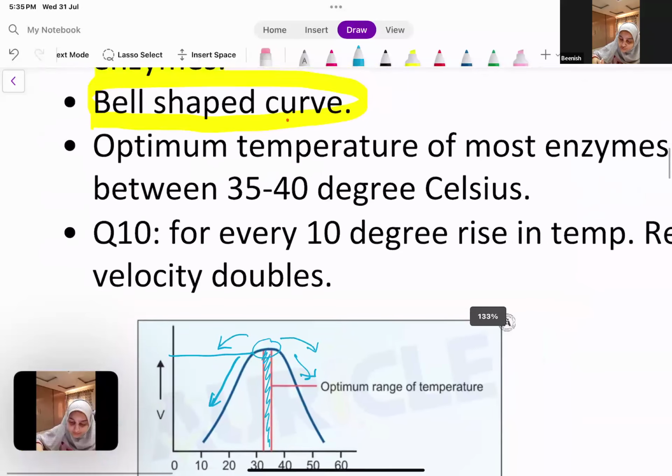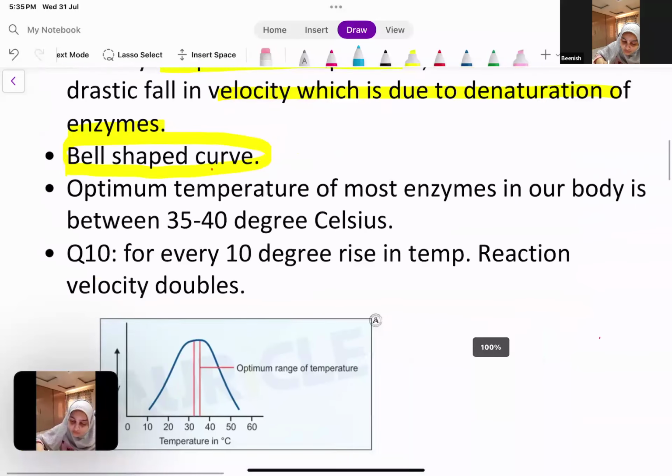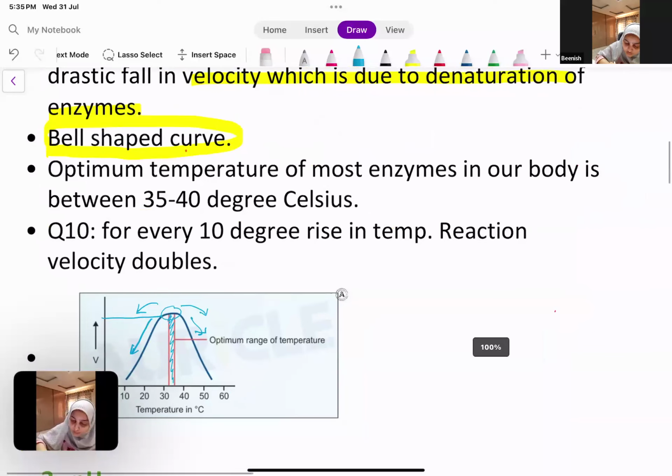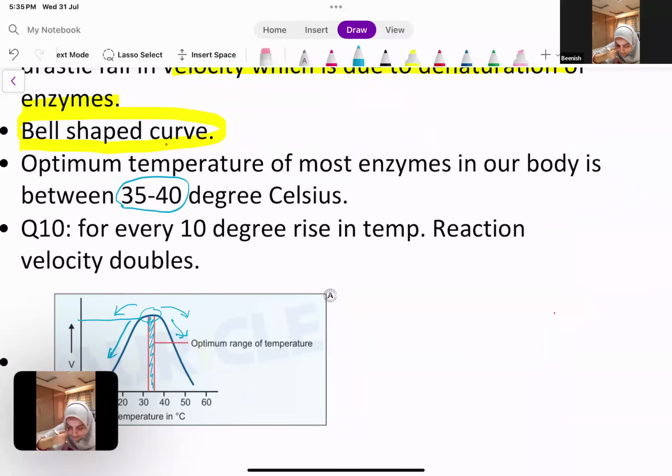Now, optimum temperature of most enzymes in our body is between 35 to 40 degrees Celsius. What is Q10? For every 10-degree rise in temperature, the reaction velocity doubles. That's Q10. Now, this optimum temperature varies greatly from enzyme to enzyme and organism to organism. Like I said, for most enzymes in the body, the optimum temperature is 35 to 40 degrees Celsius.